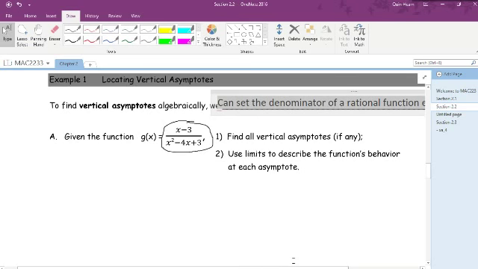So let's go ahead and look at g of x equals x minus 3 over x squared minus 4x plus 3. Again, we need to make sure that we have this in simplified form. Does this denominator factor? Can we reduce this at all? Does anyone know how x squared minus 4x plus 3 factors?